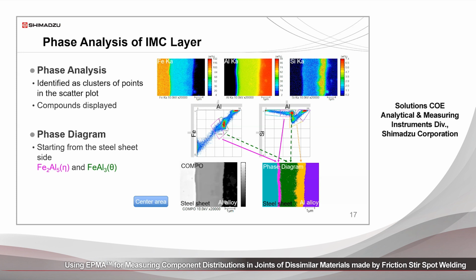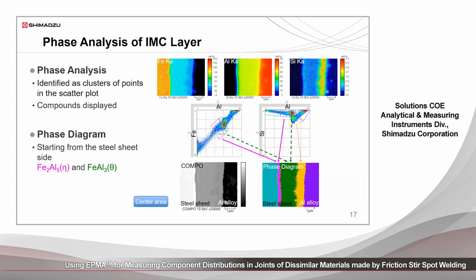For the compound Fe2Al5, the eta phase, that compound was most present near the first IMC layer that is closest to the steel sheet, followed by the theta phase, FeAl3.